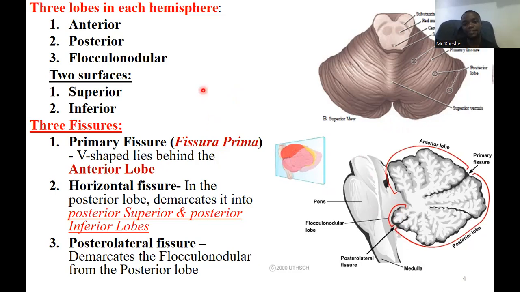Okay, so in summary, we are going to have 3 lobes. 1, 2, 3. Then we're going to have 3 fissures separating those lobes. So that is 1, 2, 3. So that's your summary. 3, 3, 3. 3 lobes, 3 fissures.